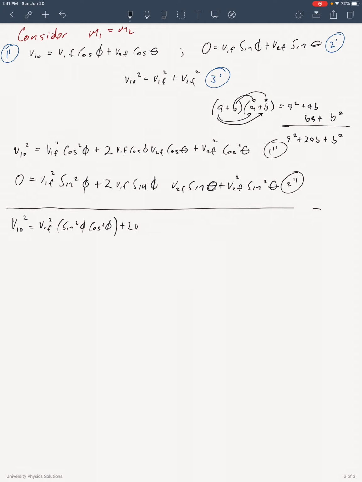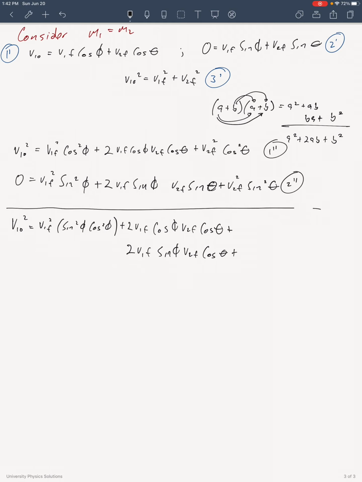2 b1f cosine of phi v2f cosine of theta, plus 2 b1f sine of phi v2f cosine of theta.